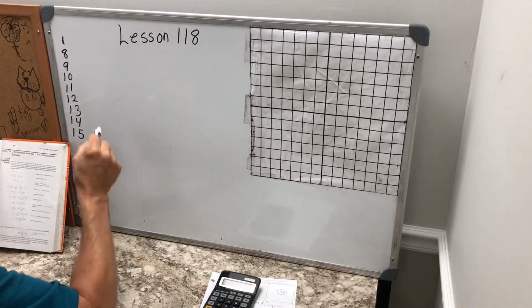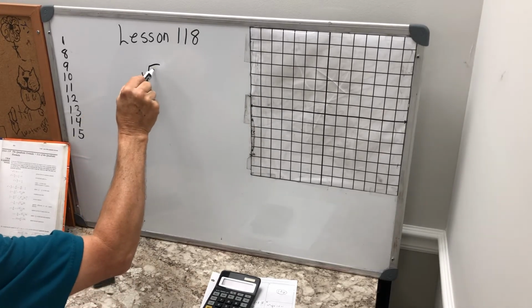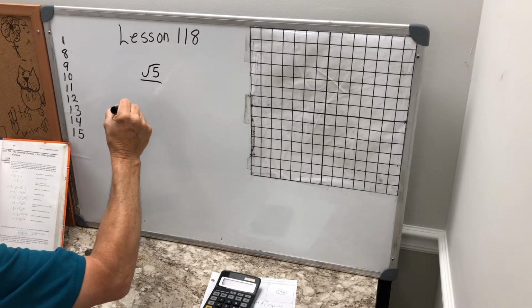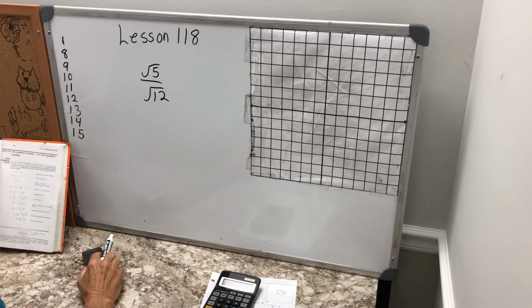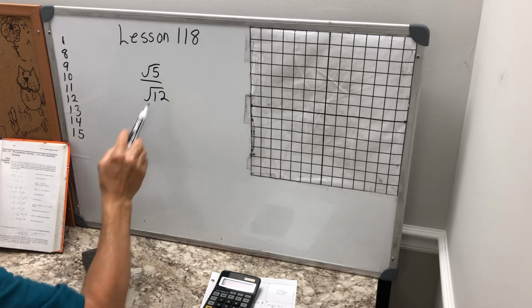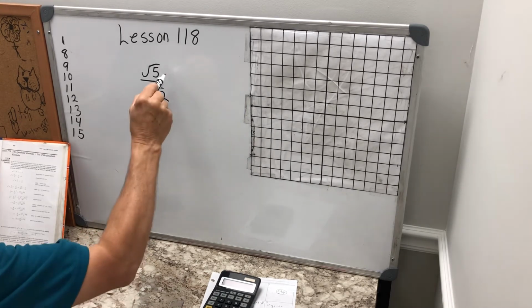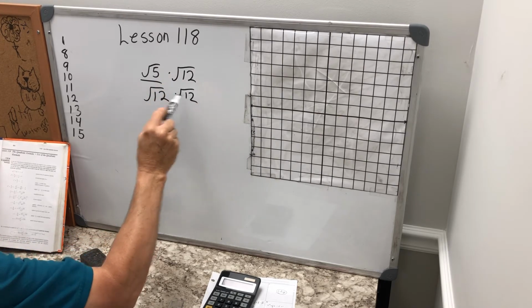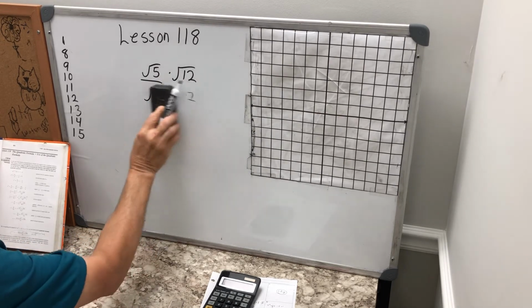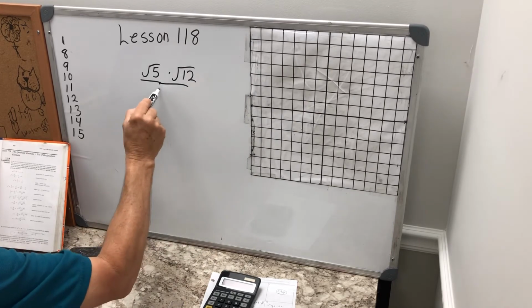That's 12. 13 is very similar. Square root of 5 over, I'm cutting corners here now, so you stay with me. That's the same as the original 13, we just put it into 2 separate square roots. We do this with the square root of 12, and this is the square root of 12, which makes this just the 12 by itself.